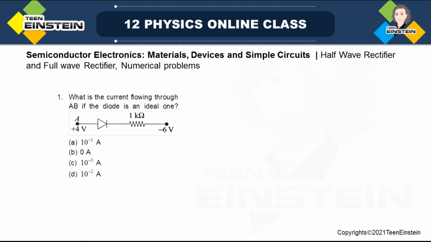Now in this case, look, this is at positive voltage and this is negative, but you have to see what is the voltage across this.